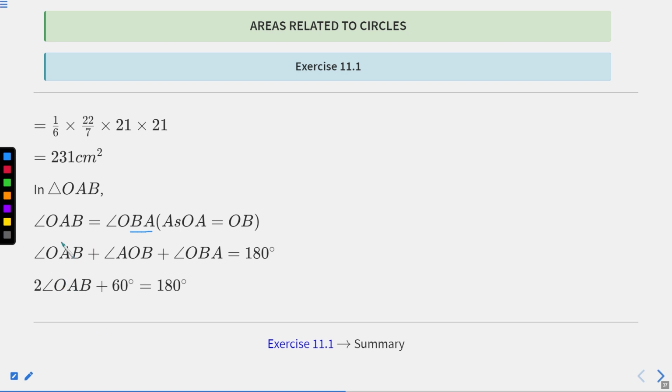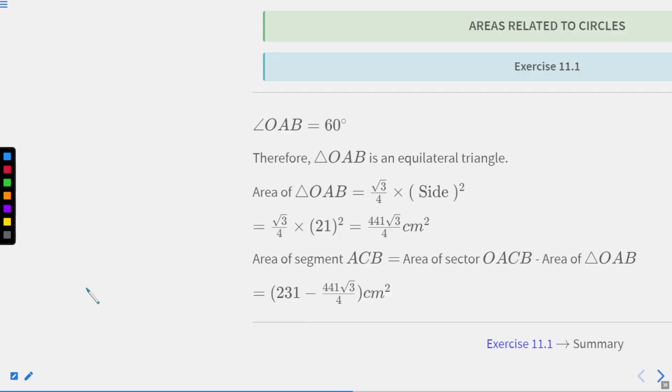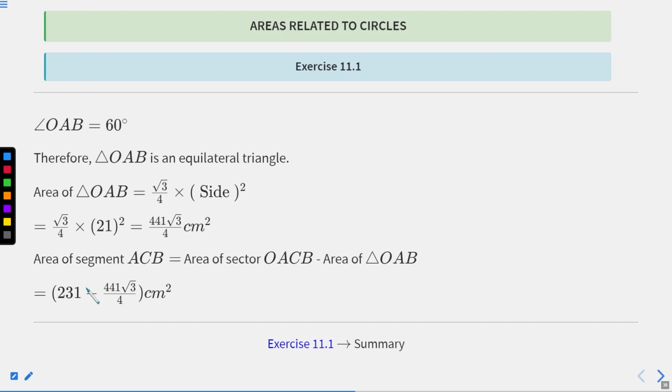So angle OAB plus angle AOB plus angle OBA is equal to 180 degree, and 2 times angle OAB plus 60 degree is equal to 180 degree. It implies angle OAB is equal to 60 degree. Therefore, triangle OAB is an equilateral triangle.